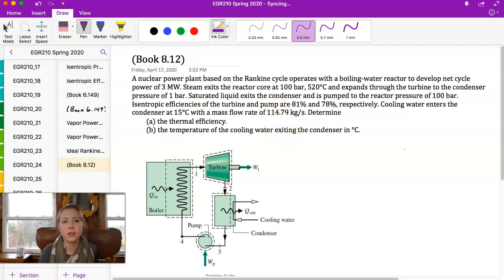So first we're going to determine the thermal efficiency, then the temperature of the cooling water exiting the condenser in degrees Celsius. So one little thing I'm going to do to my schematic is I'm going to put these dots, because these are technically rates, and I got this image from the Google machine. So I'd like it to match our notation. Okay, so we have properly dotted everything. So now let's just write in our givens. So P1 is 100 bar.